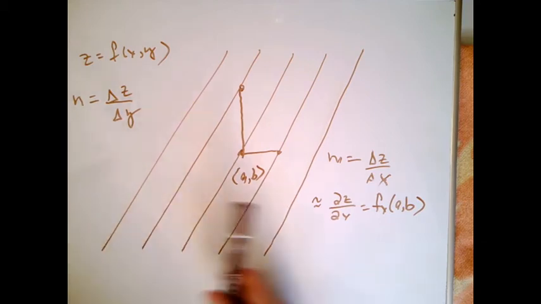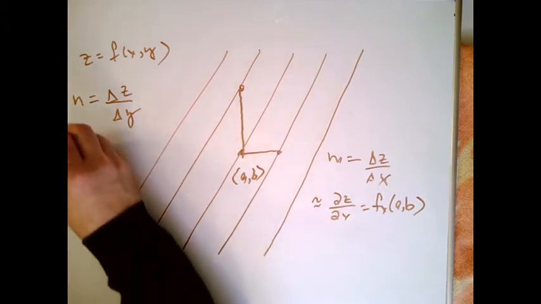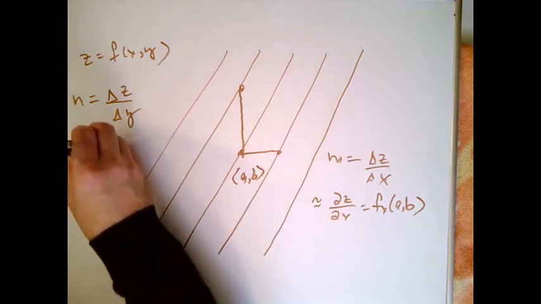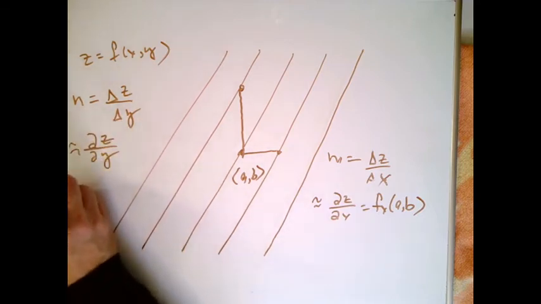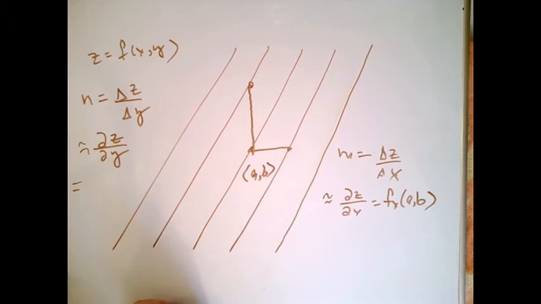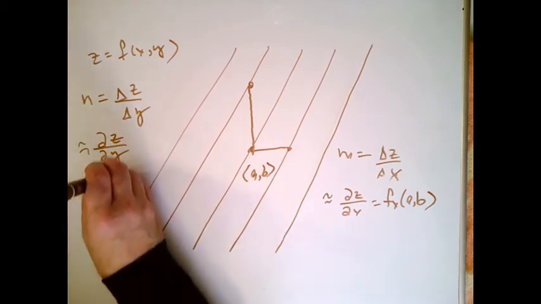So when we're looking at this function that looks very linear and we're estimating n, what we're actually estimating is the partial derivative with respect to y. And the notation you're going to see with formulas, especially in mathematics, is going to be fy at AB.